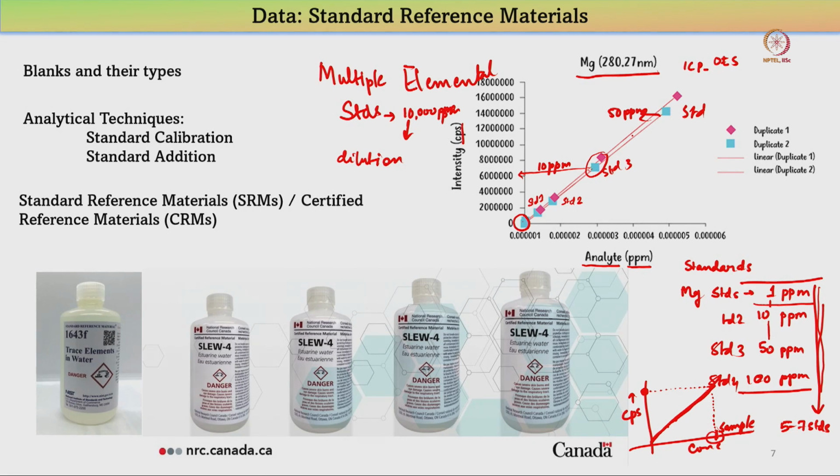Now, this is the method for standard calibration. There is another technique called standard addition. Standard addition is a very specific technique for analyzing elements that are extremely low in concentration or are very difficult to measure below a certain value.